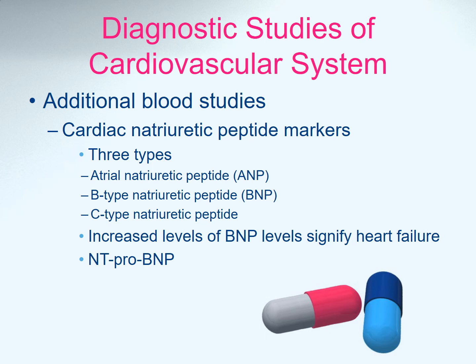N-terminal pro-brain natriuretic peptide, or NT-proBNP, is also secreted in the ventricles and is more sensitive but less specific than BNP as a diagnostic marker of heart failure. When diastolic blood pressure increases, like in heart failure, BNP and NT-proBNP are released and increase the excretion of sodium into the urine.